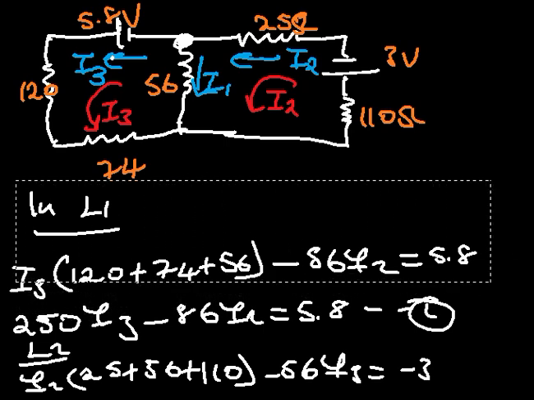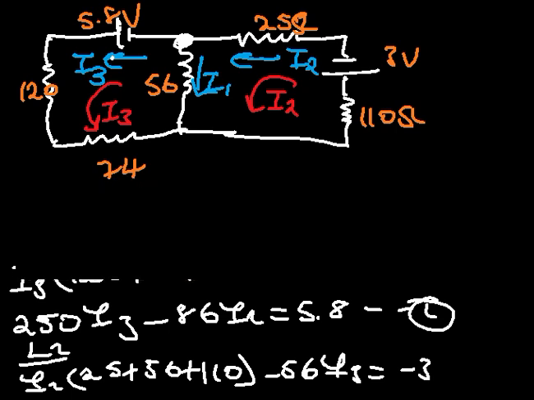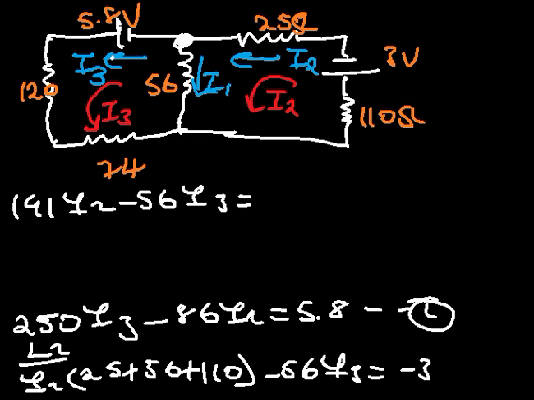Now we just have to simplify according to the algebra. So we have 25 plus 56 plus 110, so we have 191 I2 minus 56 I3, which is equal to -3. So now we have two equations.